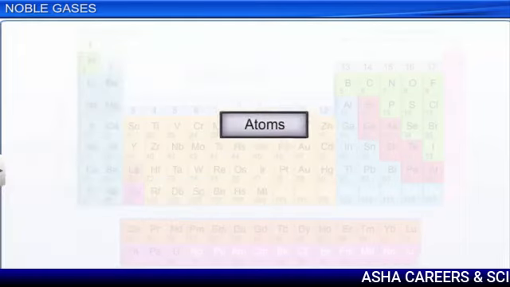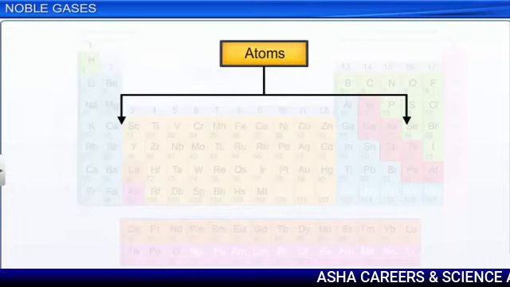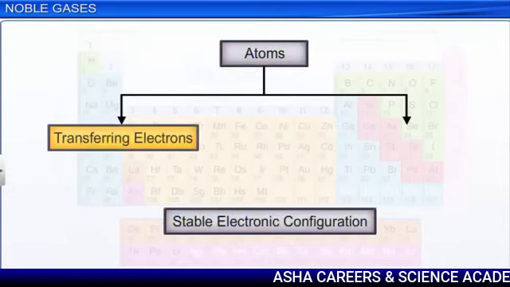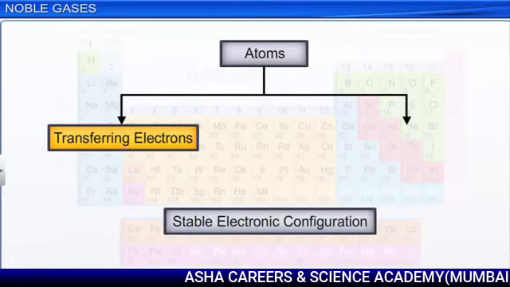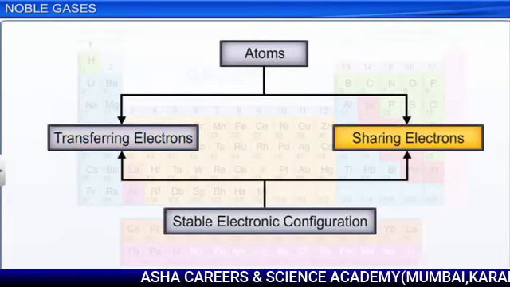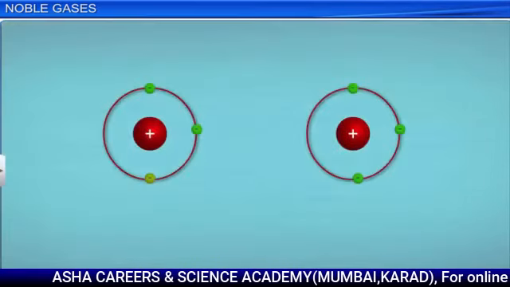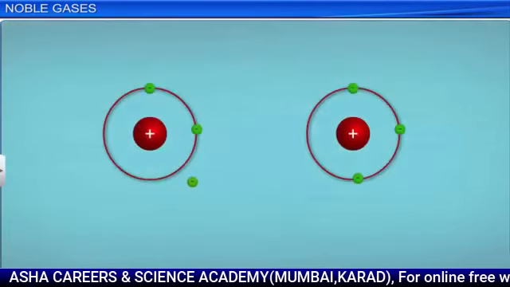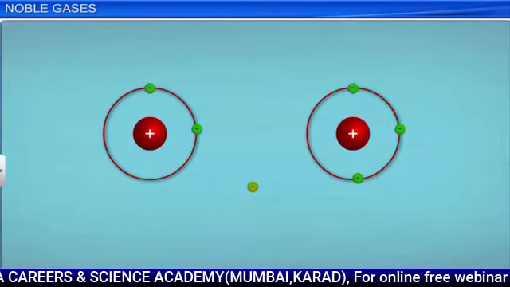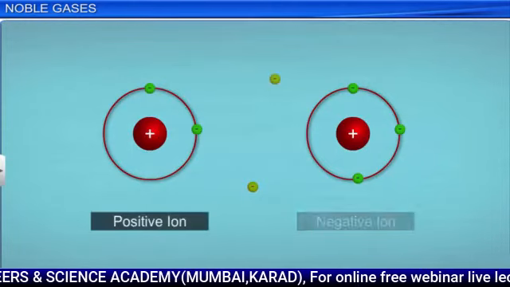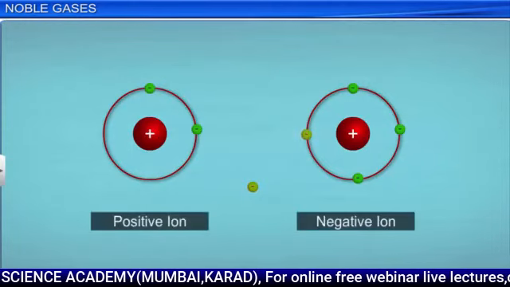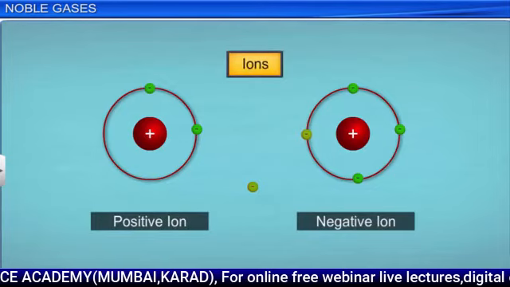In fact, atoms attain this stable electronic configuration by either transferring electrons from one atom to another or by sharing electrons between 2 atoms. When one or more electrons are transferred, the atom formed may be positively or negatively charged. These atoms are called ions.